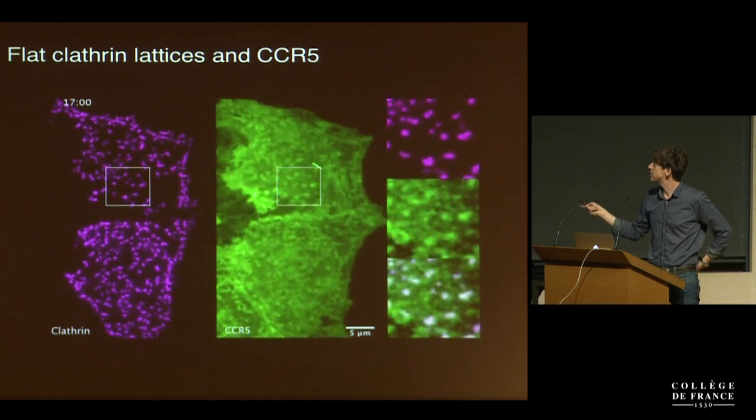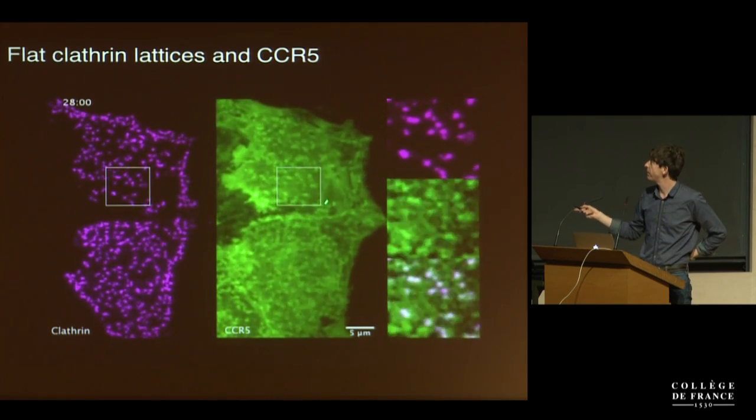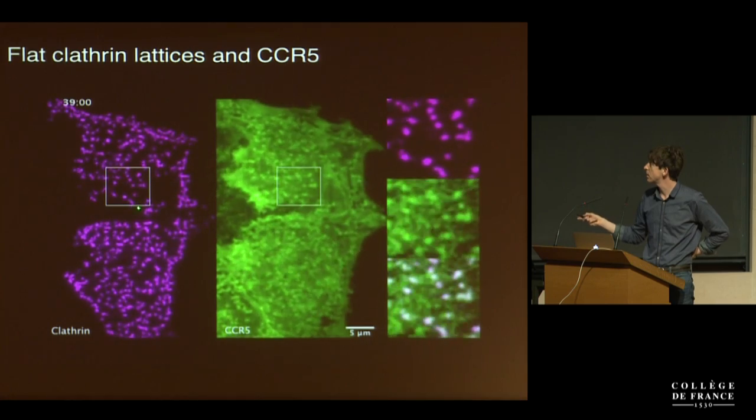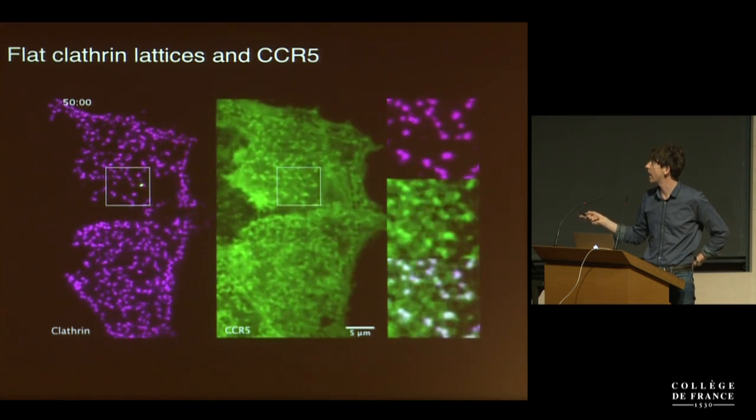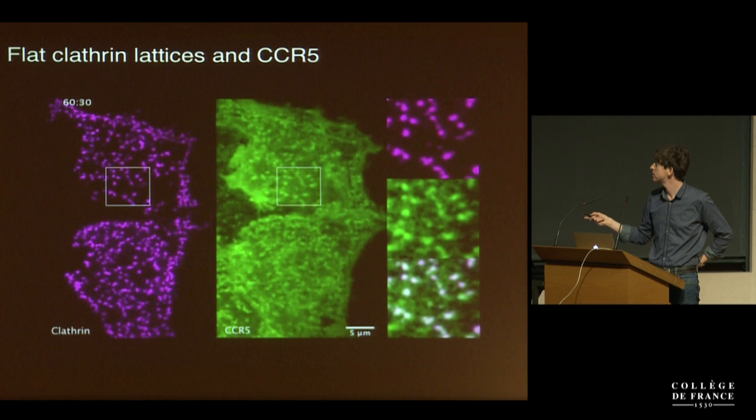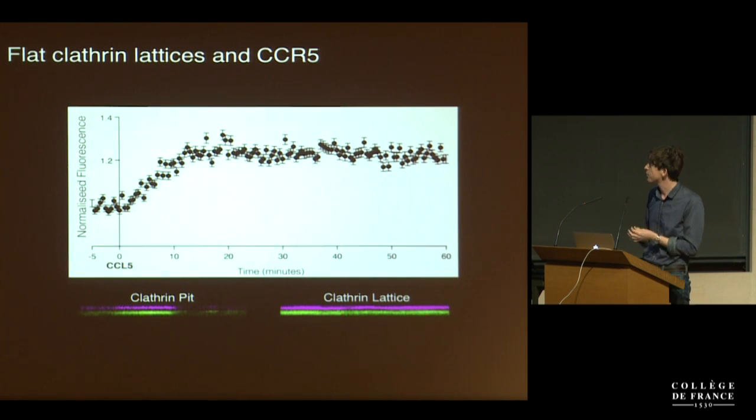And you should be able to see over time that CCR5 redistributes to these large, stable, flat clathrin lattice structures, as shown here. And we can quantify this. And also, by looking at individual kymographs at a higher temporal resolution, we can see that CCR5 is being incorporated into classical transient clathrin-coated pits, but it is also constitutively associating with these flat clathrin lattices.